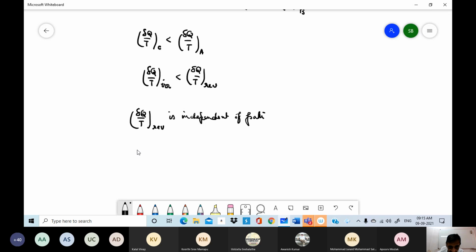So then if it is independent of path, it only depends on the endpoints. So we use this to define entropy, and this measures the change in entropy from the initial point to the final point.